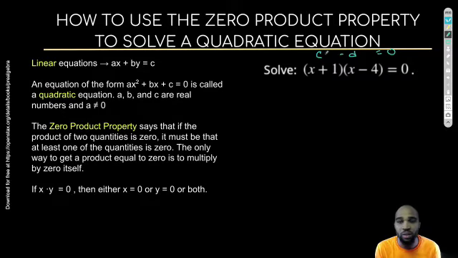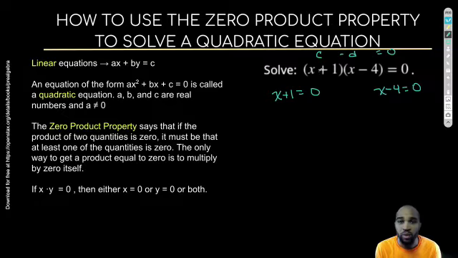Not knowing what the numbers are, it doesn't matter, because I know one of them is equal to 0 or both are equal to 0. So in that same sense, I know that x plus 1 times x minus 4 is equal to 0. That means either x plus 1 has to equal 0, or x minus 4 has to equal 0. So I know one or both of these have to be true.